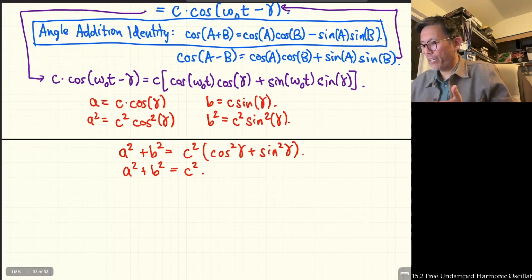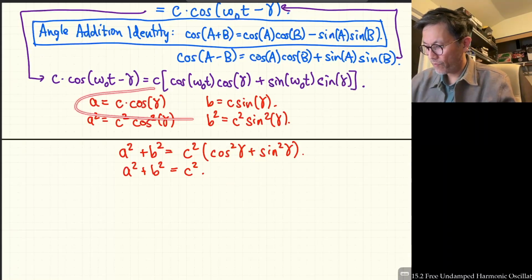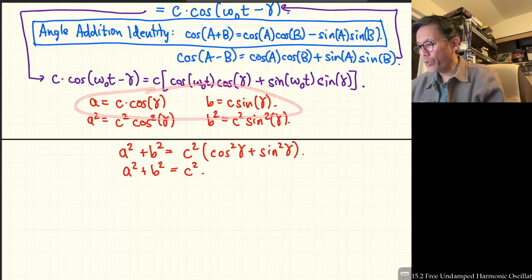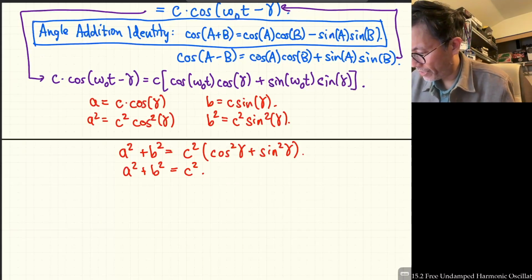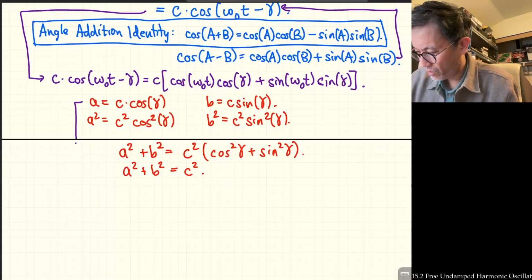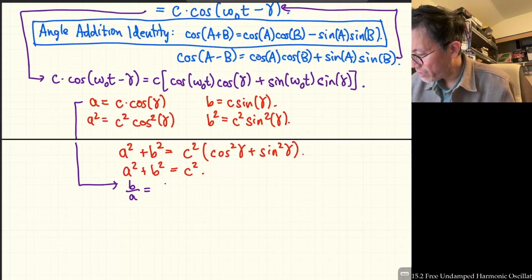And then gamma. What can we say about gamma? Well, starting from this line right here, let's look at B over A. B over A is going to be C sine gamma divided by C cosine gamma.